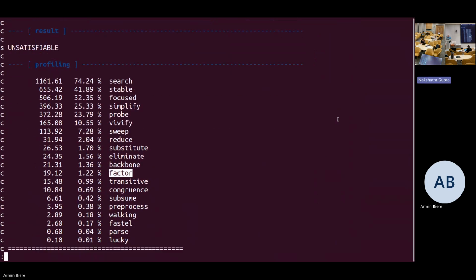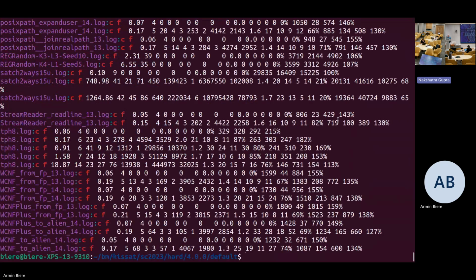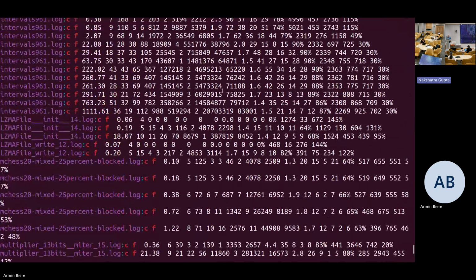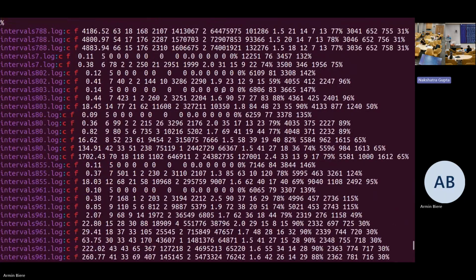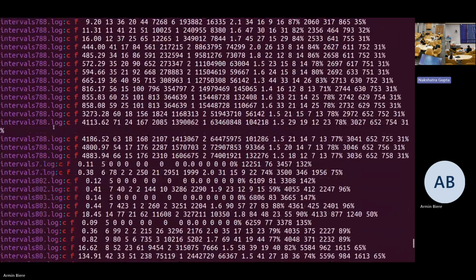Okay, this is what I wanted to show. This is our hard benchmarks we looked at before. These are the 52 benchmarks I selected, and there I also had the log files. Then I grepped for the occurrences of this F line, right? And you see, it's also happening all the time, right?